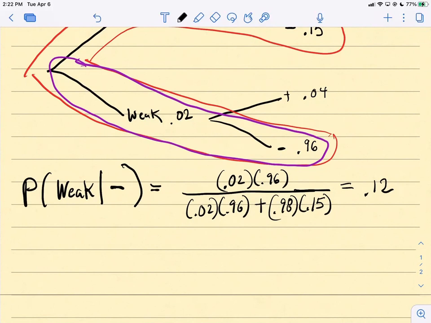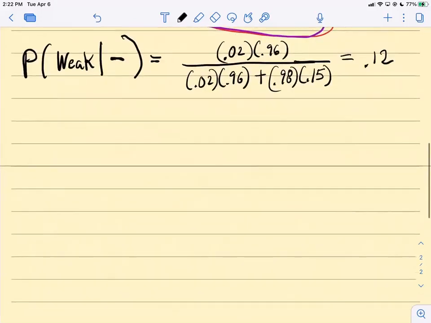So that's a really low percentage. Let me go to number 9. Let's try this one together.